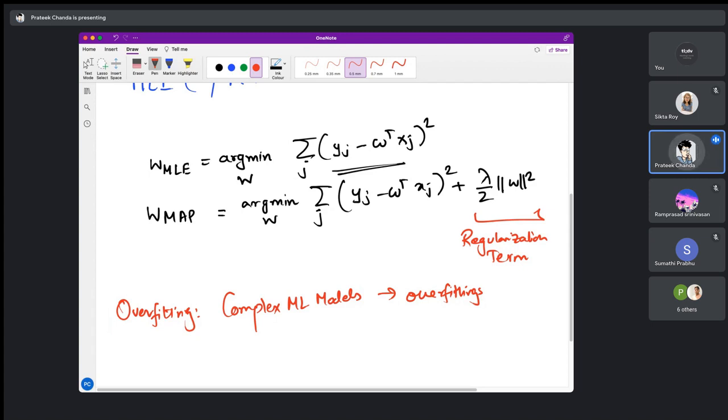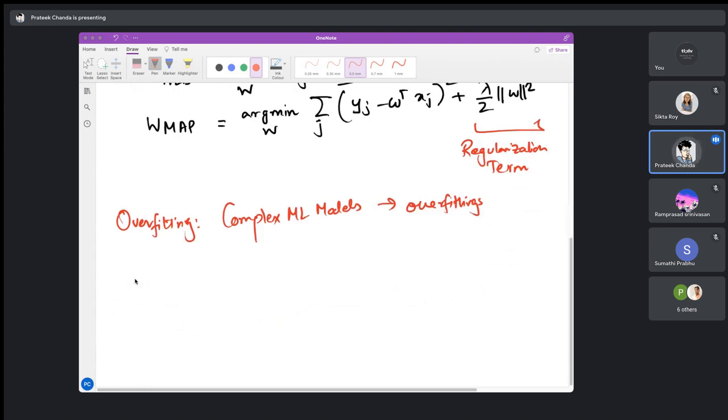But there are many instances also. In traditional machine learning algorithms, if you consider a neural network with a lot of nodes and layers, that increases the complexity of the model, and as a result that leads to overfitting. So why do we need regularization?